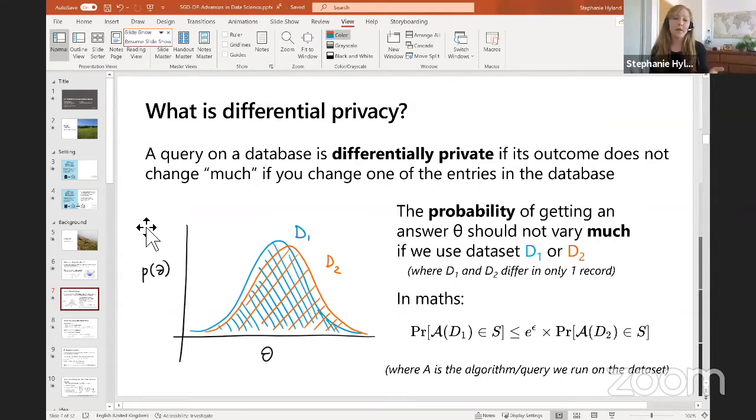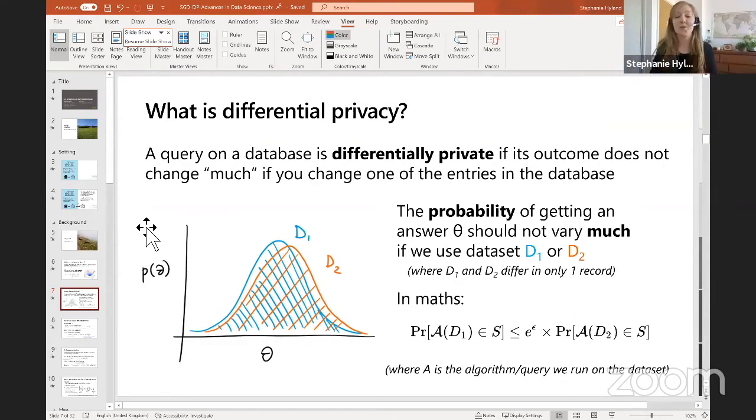We can say that a query is differentially private if the outcome of that query does not change much if you change one of the entries in the database. So this is the differential part of it. It's always about thinking about two neighboring versions of the data set, which only differ perhaps in one row, and then thinking about how the outcome of the query changes when you change the database in this way.